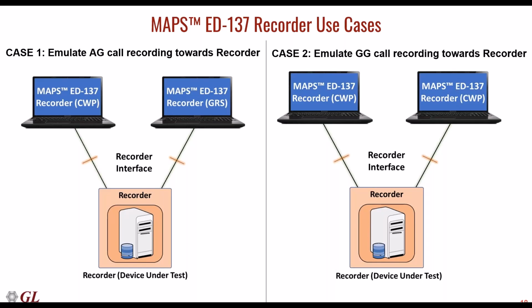So assume that there is a recorder vendor, and he wants to perform all kinds of testing before commissioning the product. They can use the recorder emulator to simulate all the controller working positions or the ground radio stations, and create hundreds of recording sessions on the recorder to verify the functionality and also the stability.